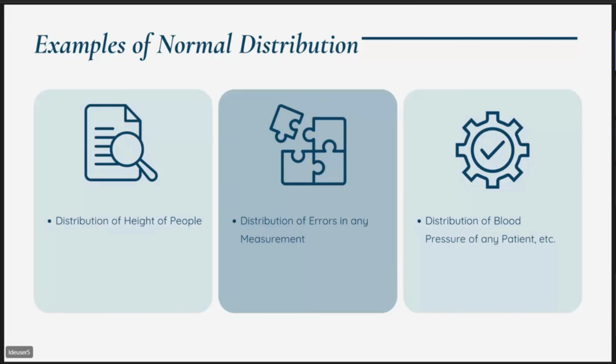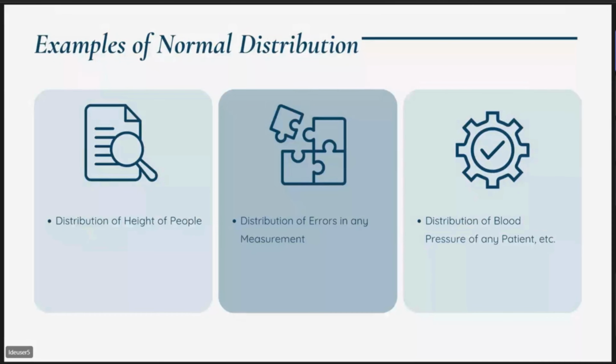So distribution of errors in any measurements, distribution of the blood pressure measured for different patients, right? All of these fall under normal distribution, right?